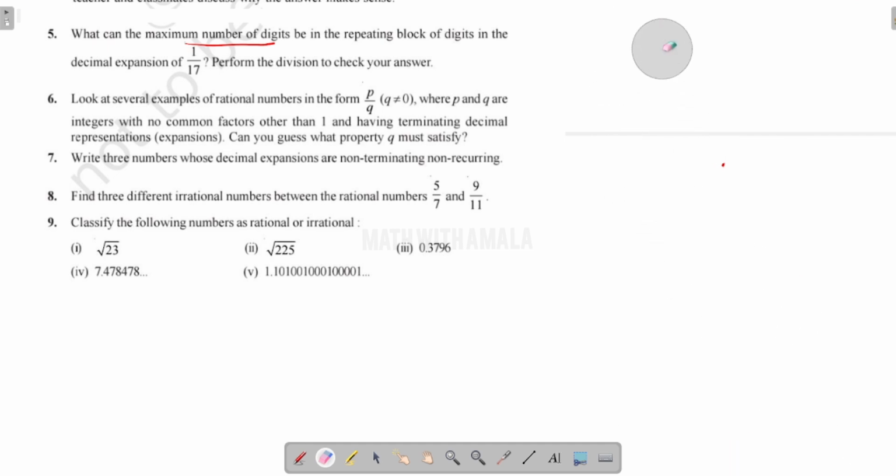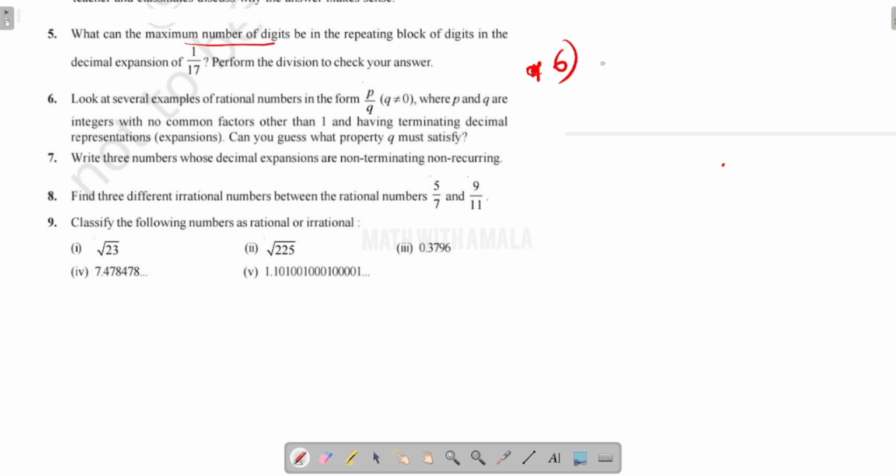Okay, next question. Look at several examples of rational numbers in the form p by q, where q not equal to 0, where p and q are integers with no common factors other than 1 and having terminating decimal representations or expansions. Can you guess what property q must satisfy?